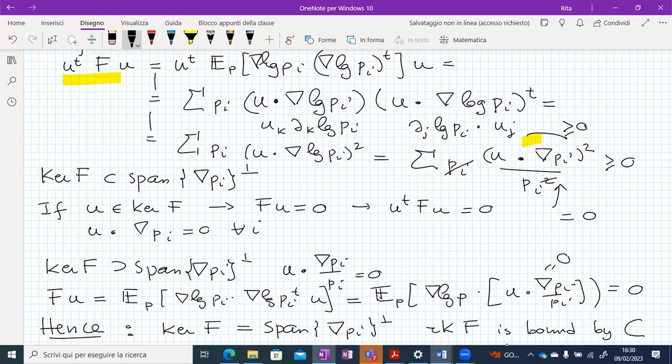What it means is equivalent, it is the rank-nullity theorem.